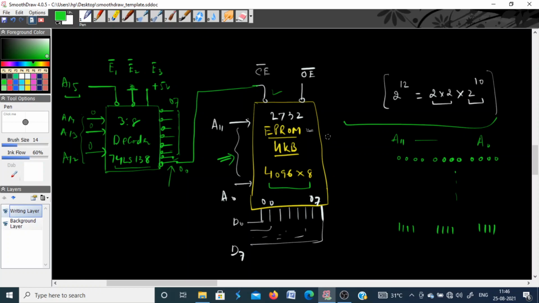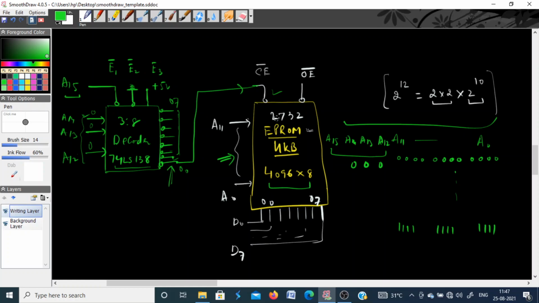Then the remaining address lines are A15, A14, A13 and A12, which we have fixed. Since we have used output 0 of the decoder to control this chip enable, the address that I must place on the input of the decoder should be 0 0 0. So these 3 pins are now fixed at 0 0 0.